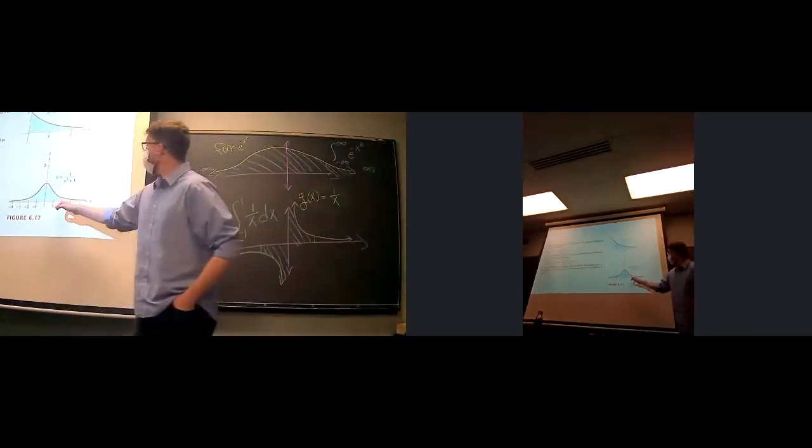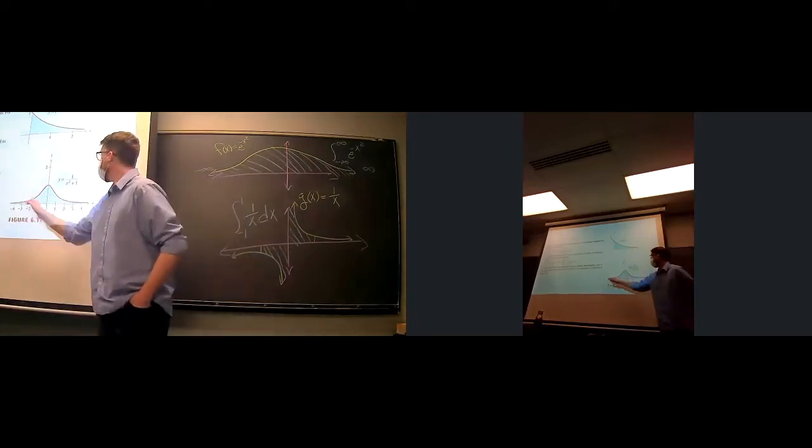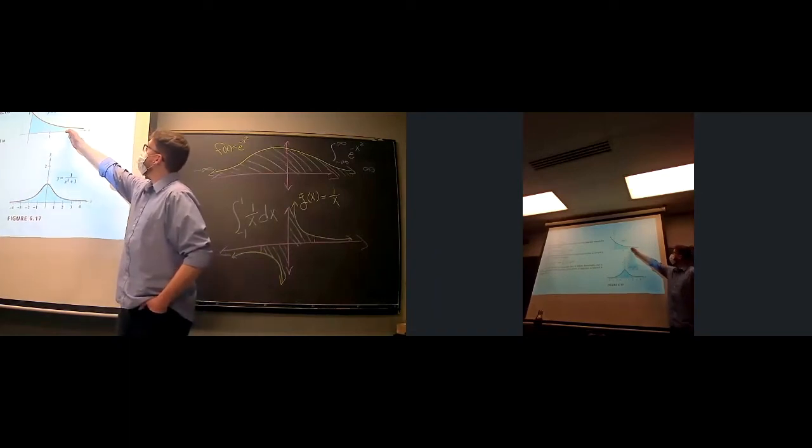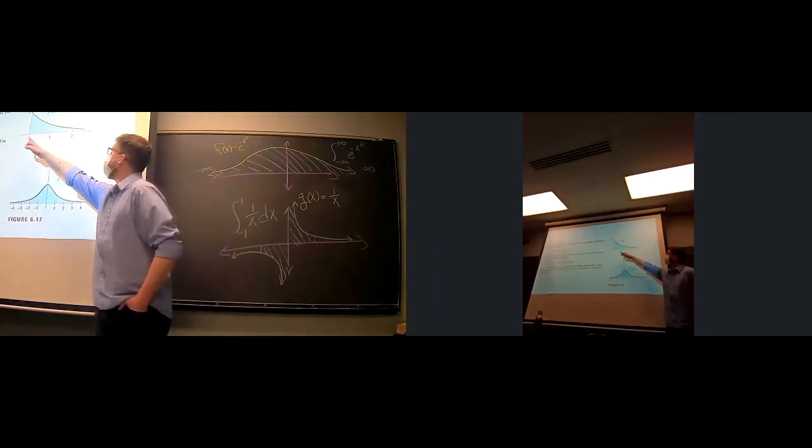So, two more examples of that first type. Like I said, in the case of a bell curve, integrating from negative infinity to infinity, or in this first case up here, integrating from 0 to infinity.